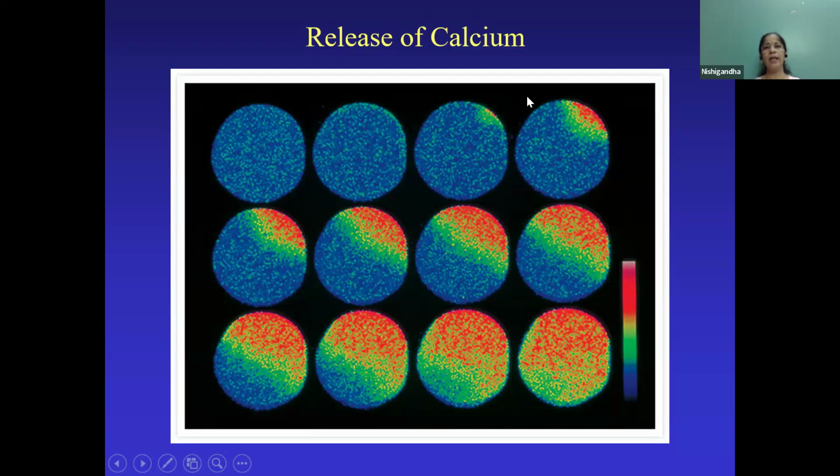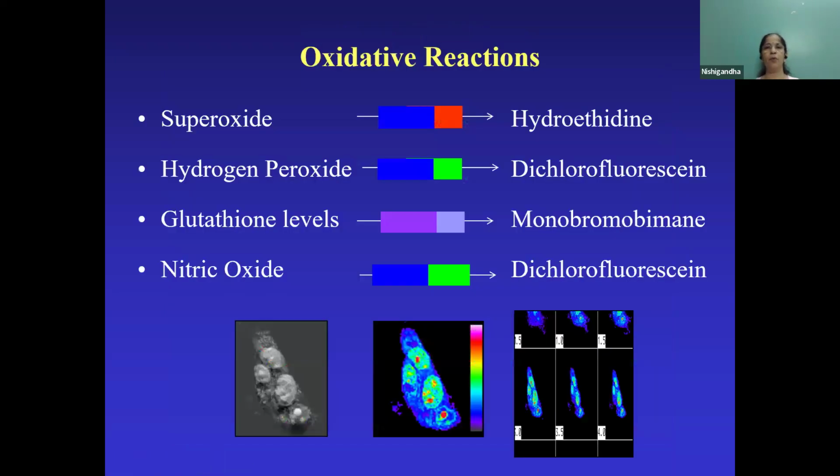When it gets excited at one end with a Q, you see a tinge of red indicating a sudden high burst of calcium in this region. And then this calcium wave keeps on spreading, giving red, orange, yellow, green. And over the time, the whole cell is full of high concentration of calcium. Like this, you can monitor lots of ions by using different probes.